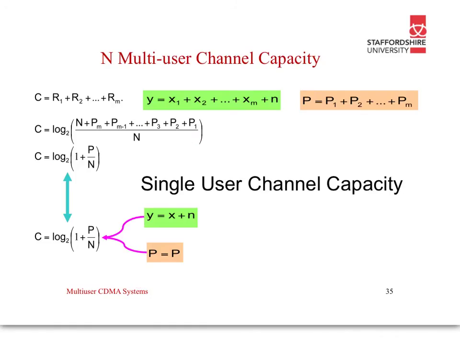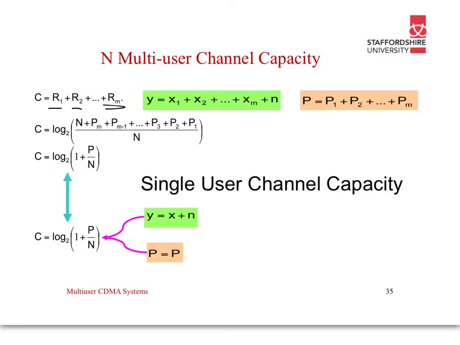So, multi-user channel capacity. If we have n multi-users, basically what we're saying is because it's CDMA, the capacity is equal to the sum of all the powers at all the receivers, receiver 1, receiver 2, receiver 3, up to receiver M. And because the channel reuse ratio is 1, every user can use the whole channel.